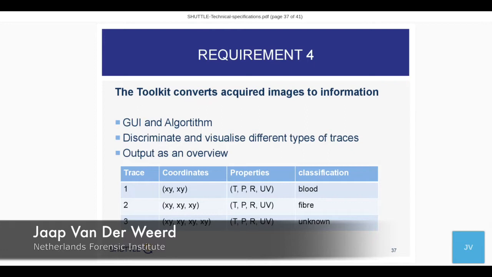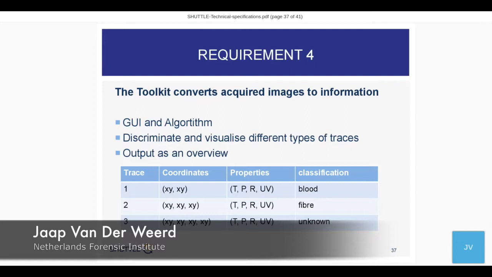But it might very well be that if my lab is very specialized in animal hairs, I design another algorithm that can discriminate cats and dogs and guinea pigs, all those different animals. So there will be a need for other algorithms, and maybe in artificial intelligence there will be new solutions. So we thought the best approach would be a separation between the graphical user interface and an algorithm that's built into the system as a plugin, so that different plugins can be developed later.